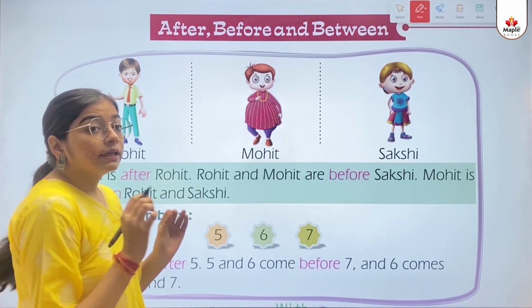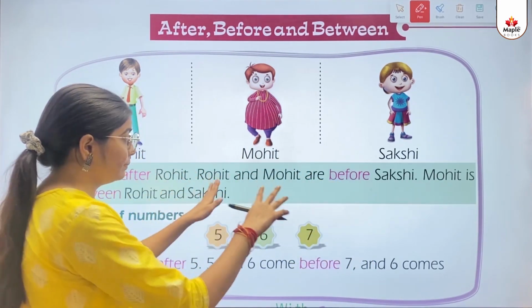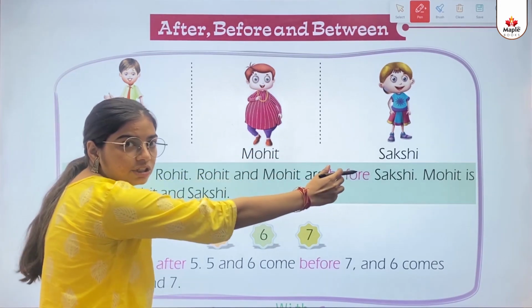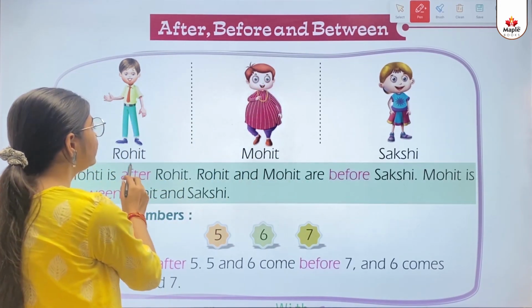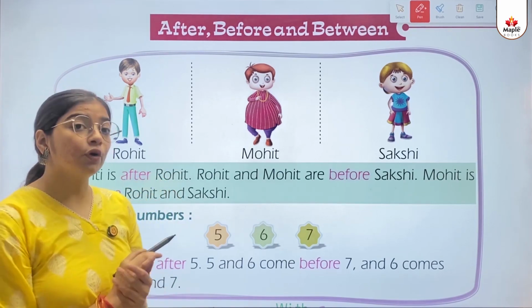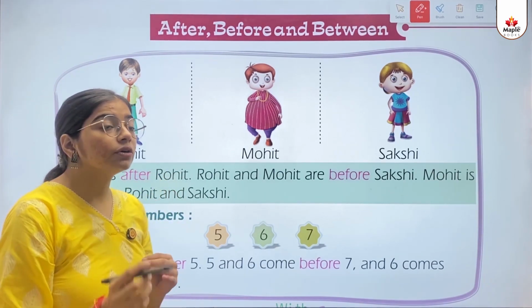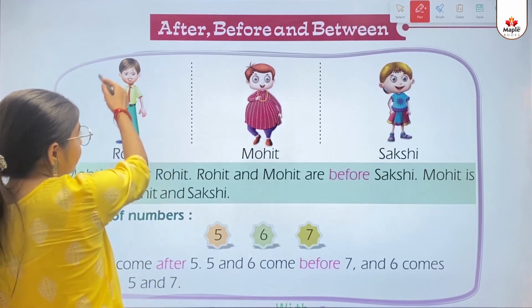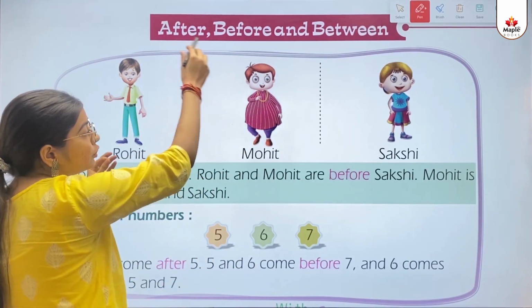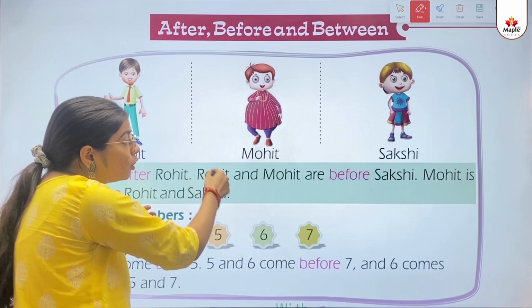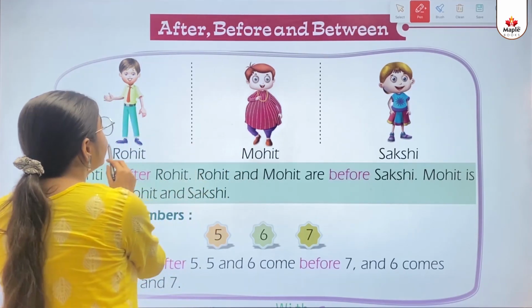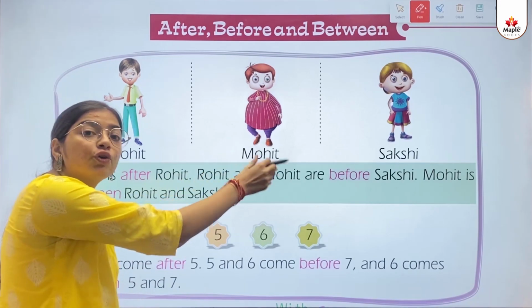So, kids, there are 3 persons. Rohit, Mohit, Sakshi. Mohit is after Rohit. What I told you? After means next. So, Rohit is here. Next to Rohit is whom? Mohit. So, what do we call this? Mohit is after Rohit.